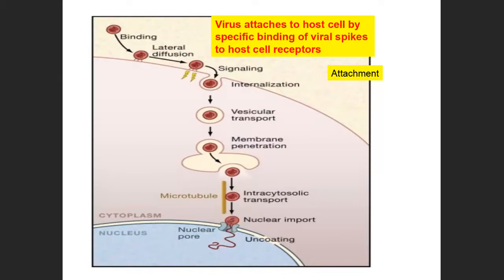All right, so the virus is going to attach to the host cell, and the next thing is different between animal viruses and bacteriophages. Bacteriophages are going to inject the genetic material into the host. In the case of animal viruses, the entire virus is going to go into the host.